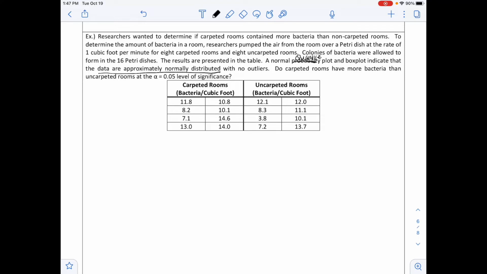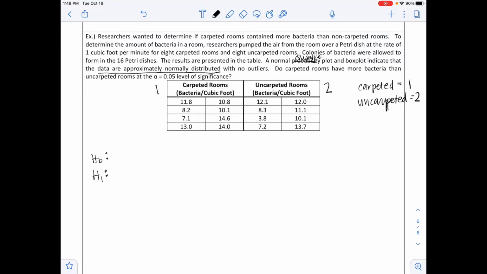So the first thing that we need to do is set up our null and our alternative. And we can go ahead and call carpeted rooms group 1 and uncarpeted group 2. Make sure to define those if you're going to use those.